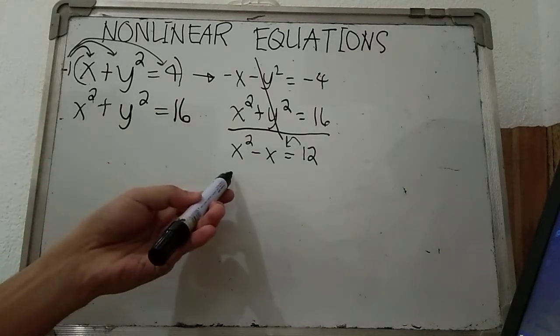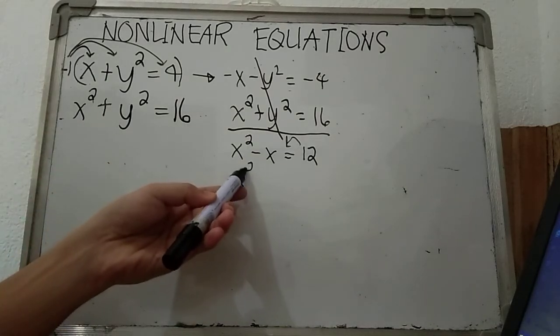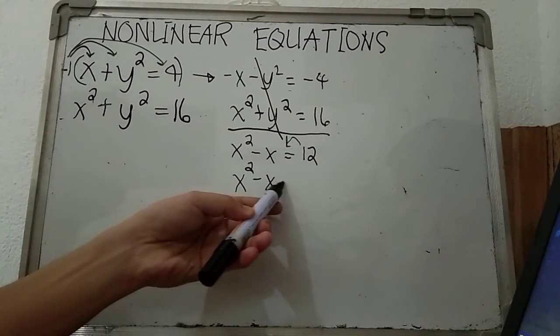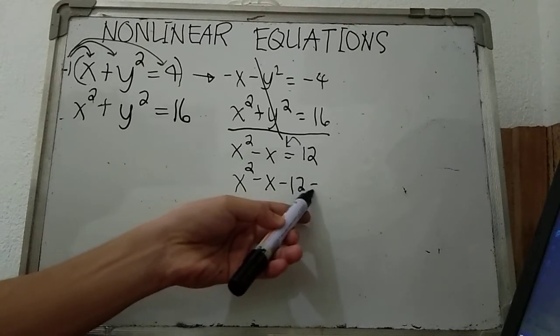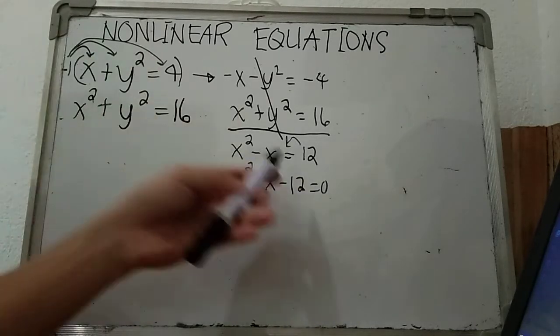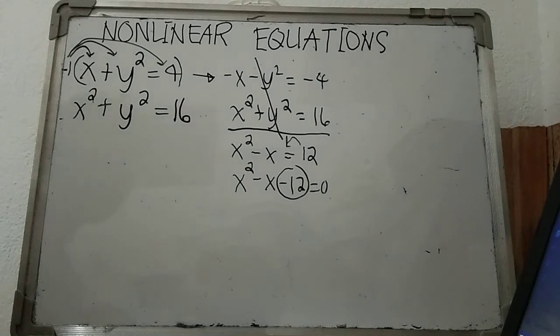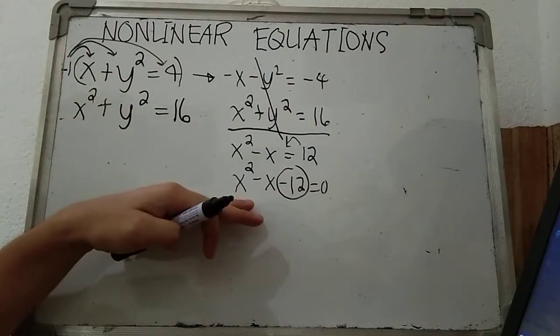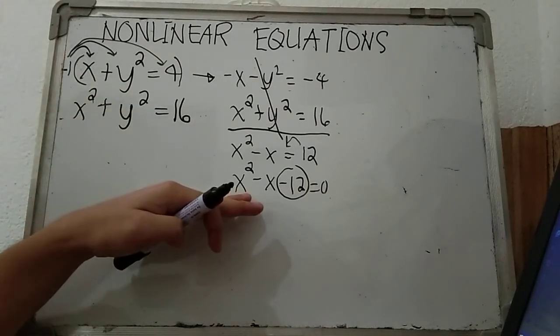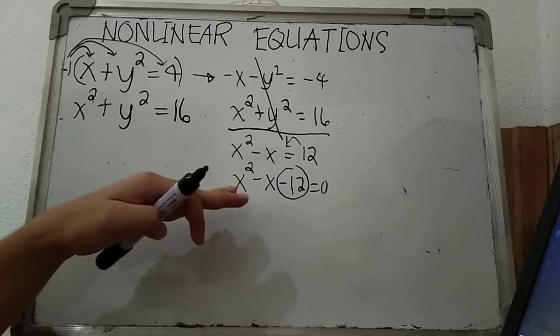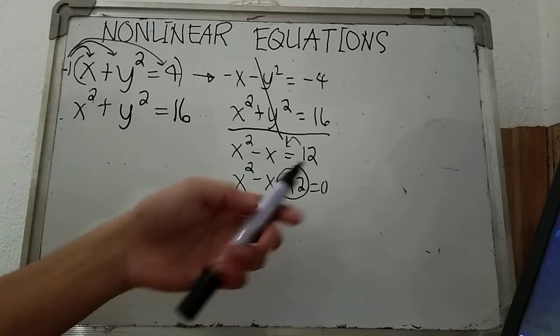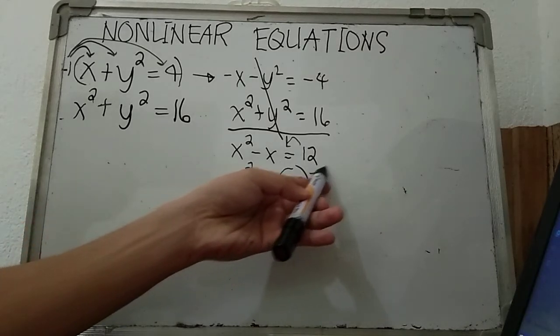Now at this point, we are going to transpose +12 to the left, so this will become x squared minus x minus 12, which is now equal to 0. Now what are the factors of -12? Because this is actually a standard form equation, this is factorable. But how are we going to factor? Try to consider -12.